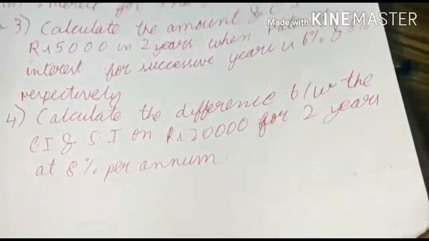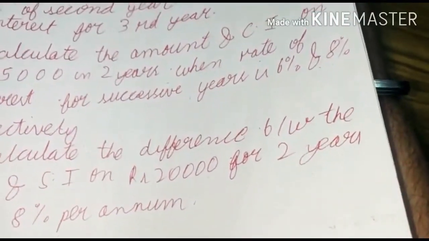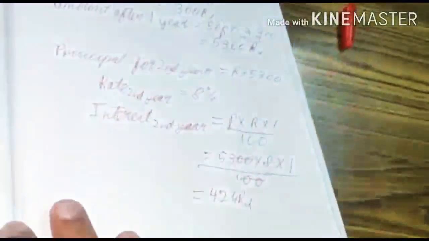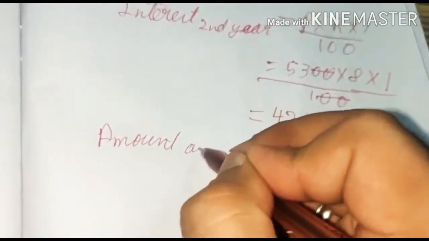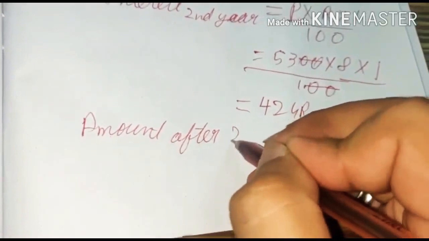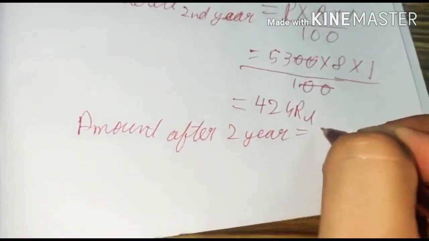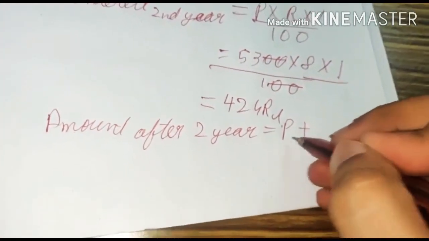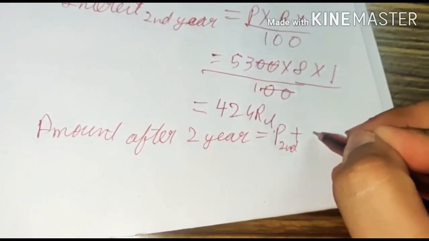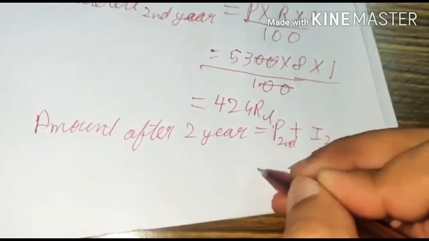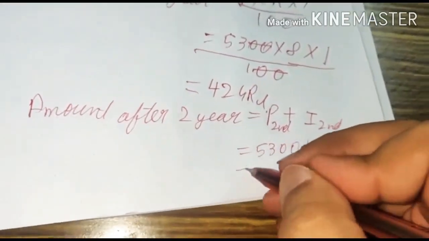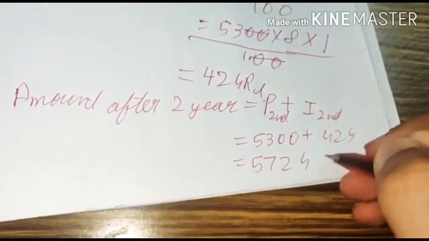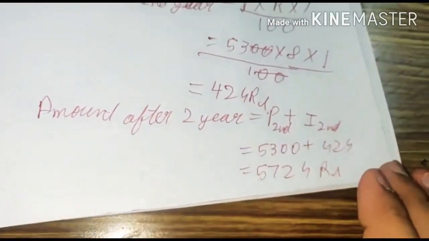This is the interest for the second year. We have to calculate the amount after 2 years. So amount after 2 years is P of second year plus I of second year, that is 5,300 plus 424, that is 5,724 rupees. This is the amount after 2 years.